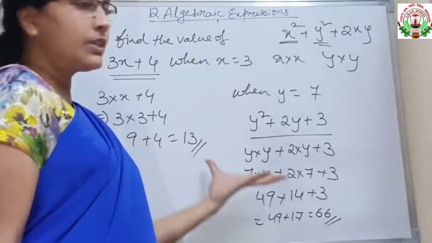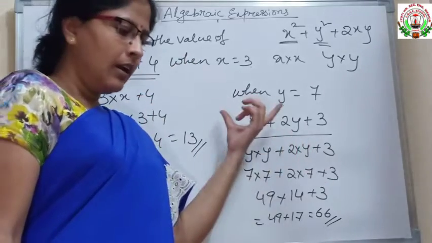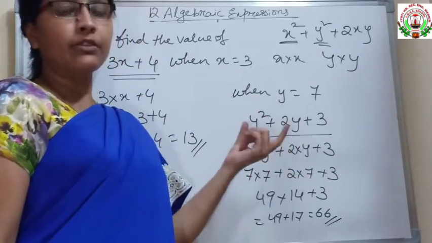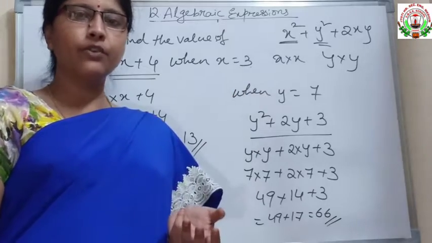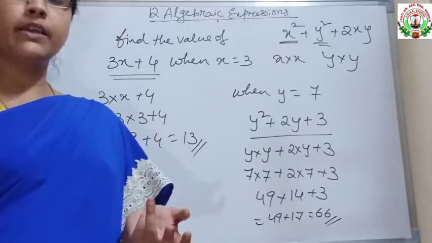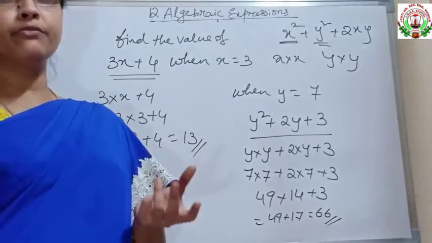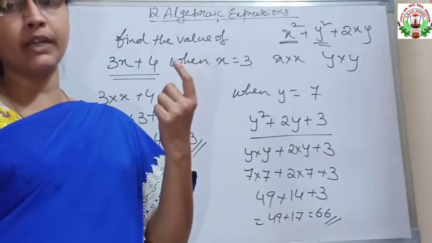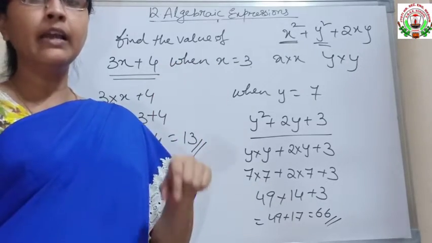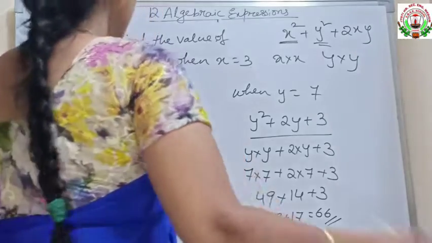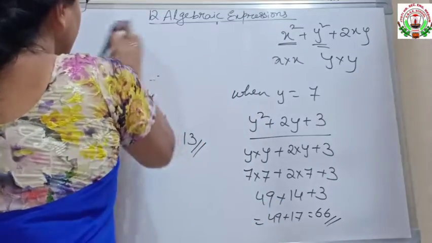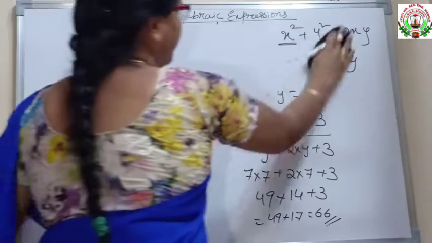These type of questions are going to come in your exercise 12.3. They are going to give the value of the variable. Expression is given. You have to find the value of that expression when you keep that value of the variable in that given expression. Let us start our exercise 12.3.